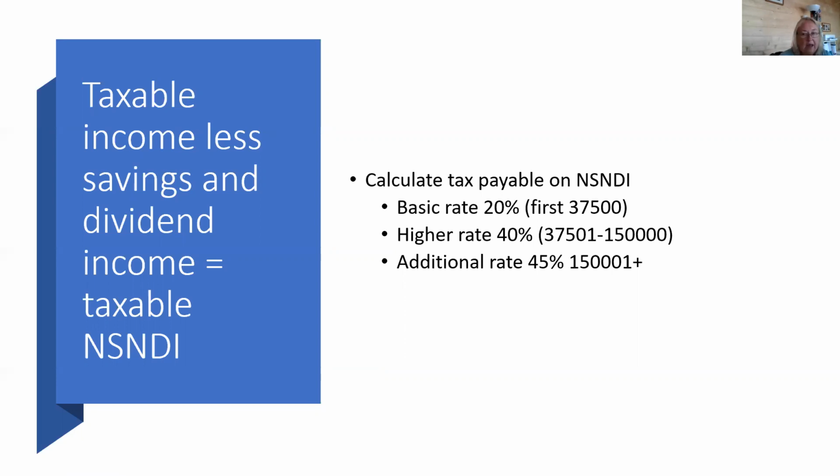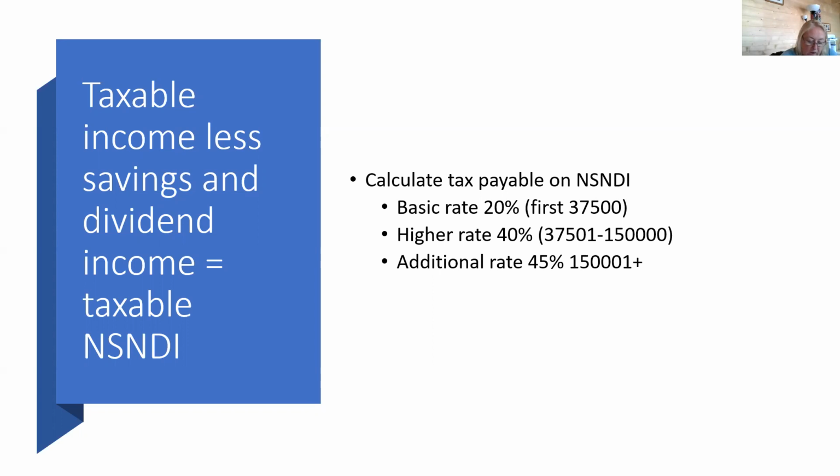You still get the first 20% at £37,500, and then everything that was earned between that amount and £150,000 is taxed at 40%. And then if you're lucky enough to earn over £150,000, then anything over £150,000 will be taxed at 45%.